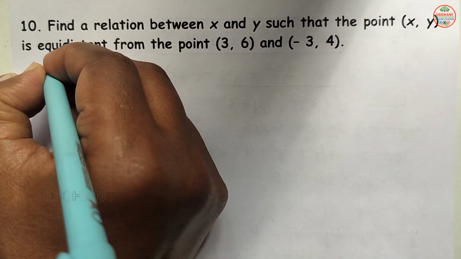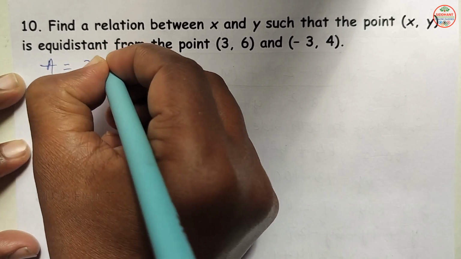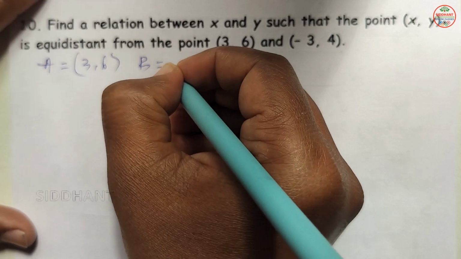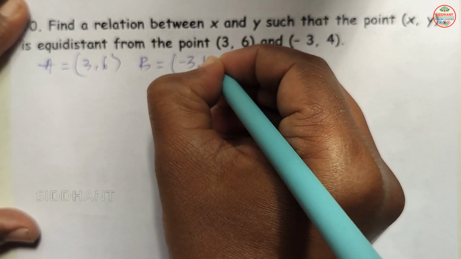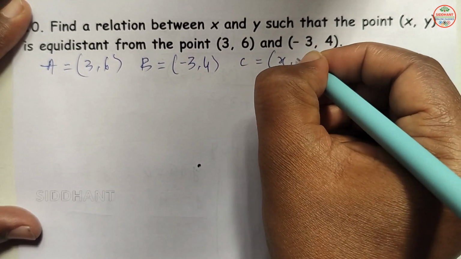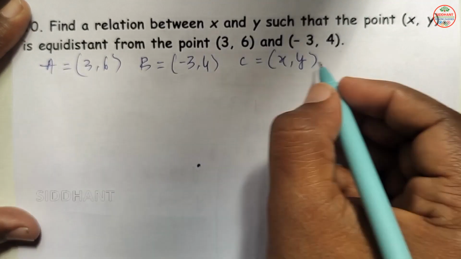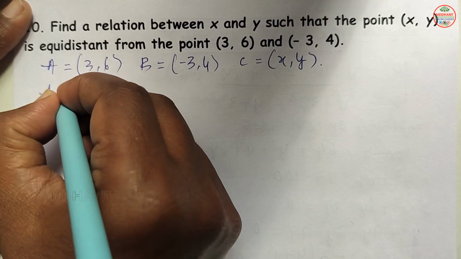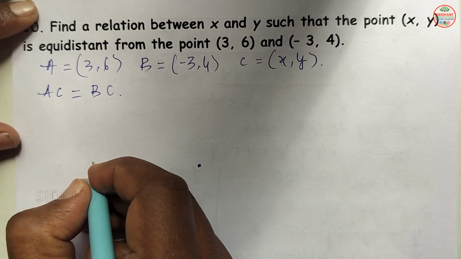So let it be A, the point 3 comma 6, and B which is minus 3 comma 4, and C which is x comma y. So C point is the equidistant point. That means in the data given, AC is equal to BC.